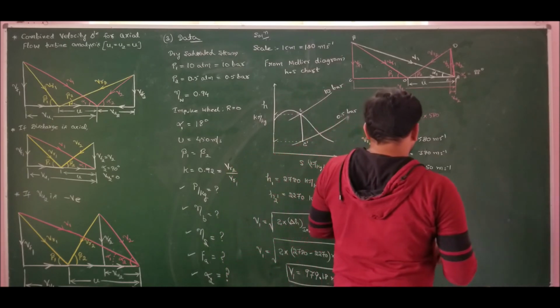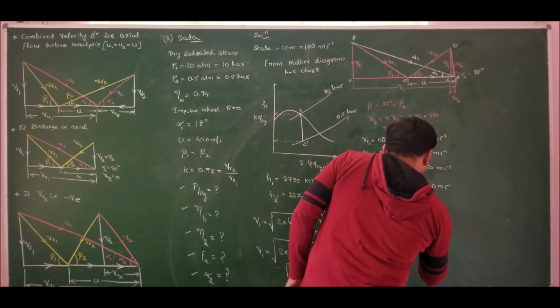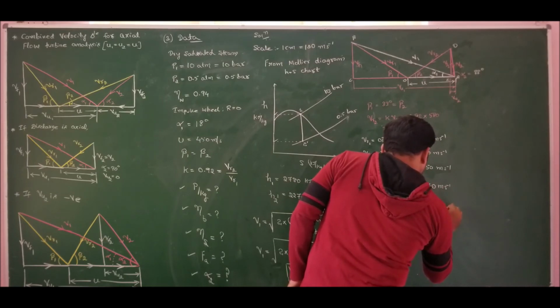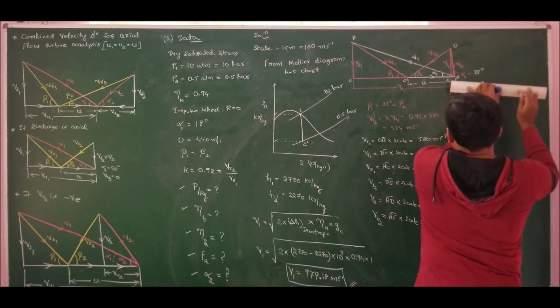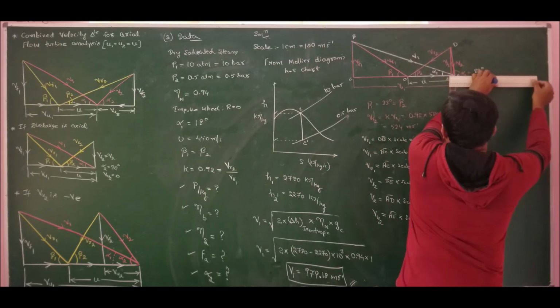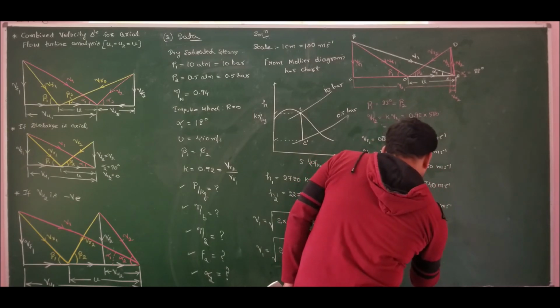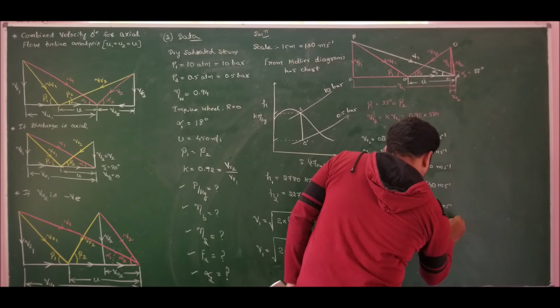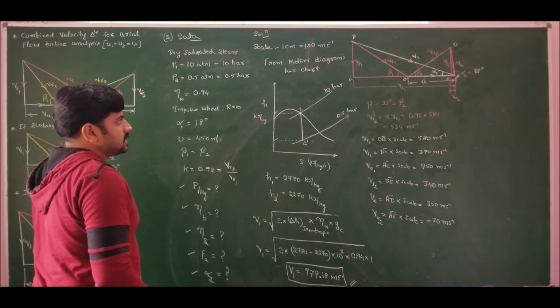V2 is 250 meters per second, and Vu2 is minus 0.3, so therefore it is minus 30 meters per second. So this completes all the velocities and angles.